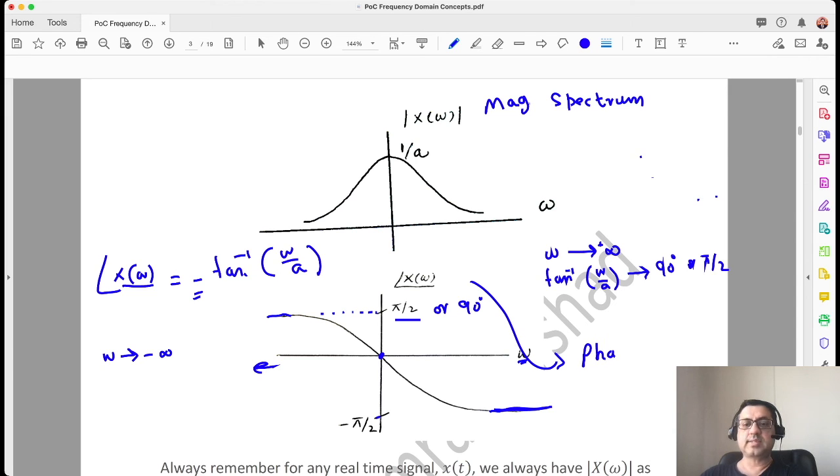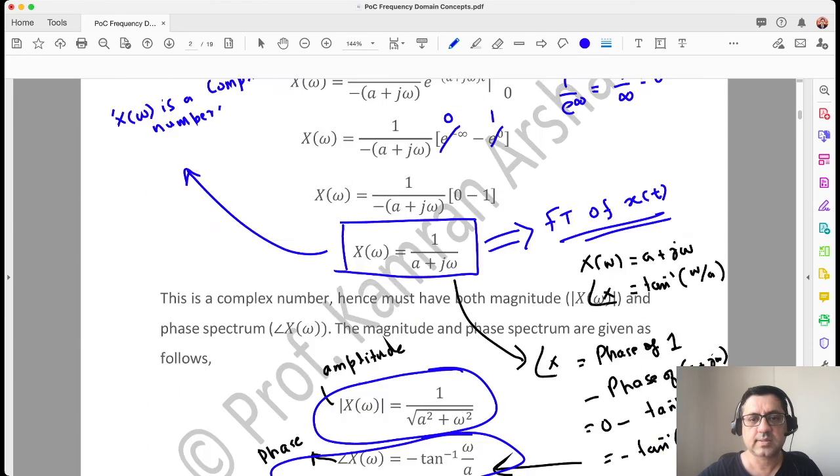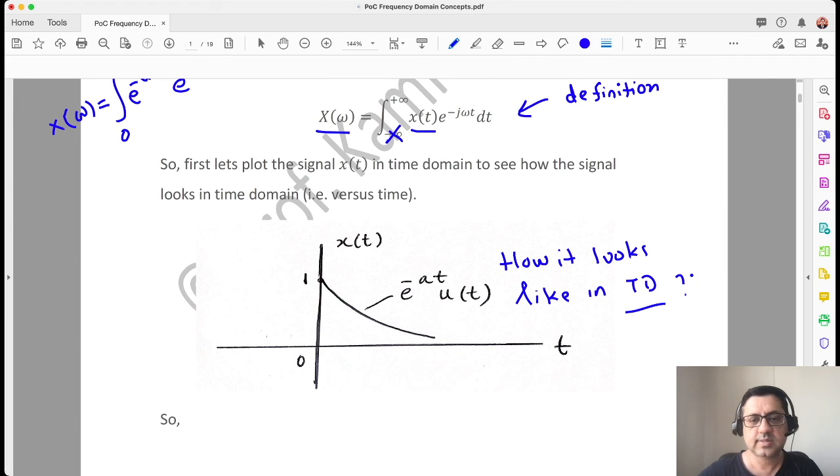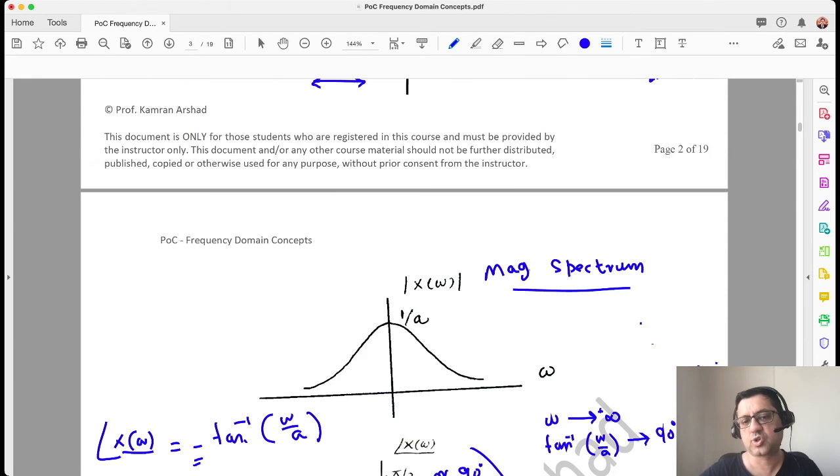These are very important for us. The magnitude spectrum is mainly more important than the phase spectrum. Together they show me that in this signal, which is e to the power minus at u(t), what frequencies I have, and what the phase and magnitude of each frequency is.